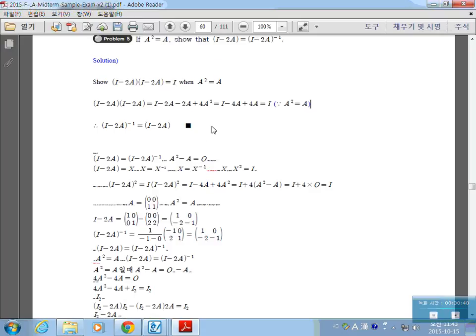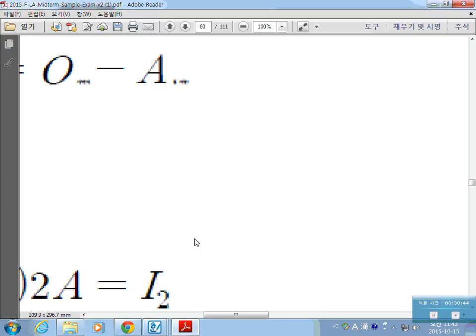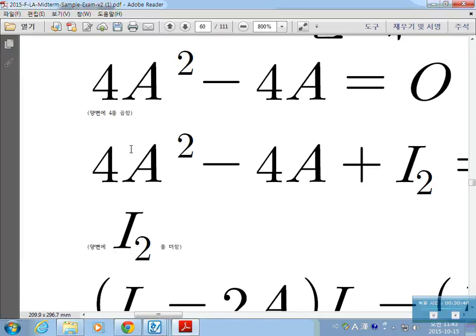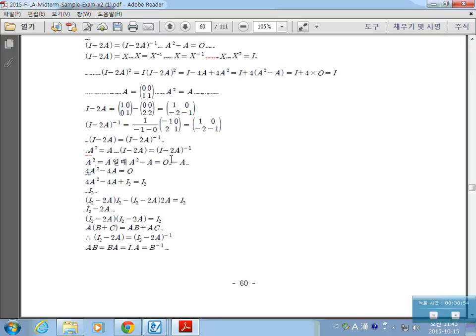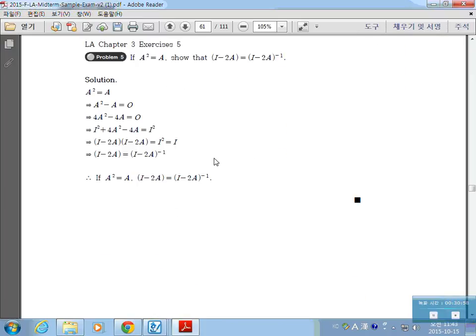This is the real proof, and this is what you have done. You can see what you wrote in here, and you made lots of computations, but actually it was not so good to show these problems.